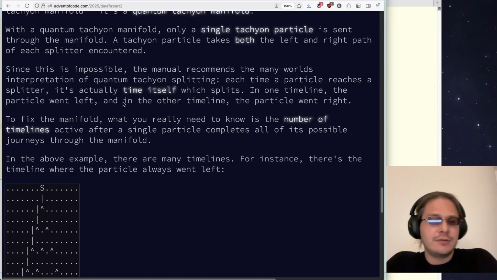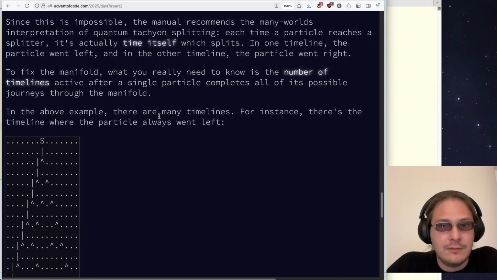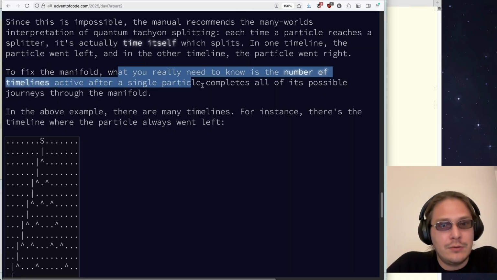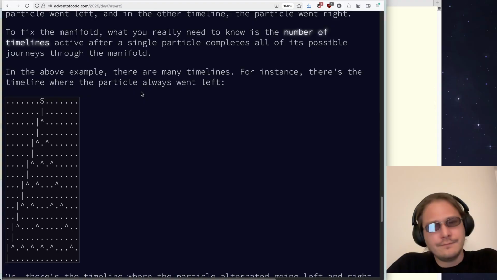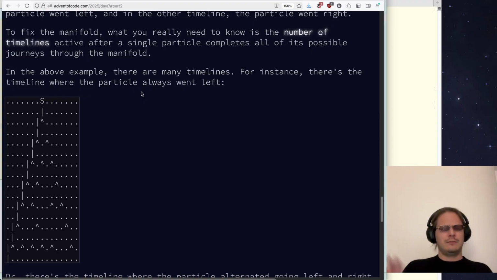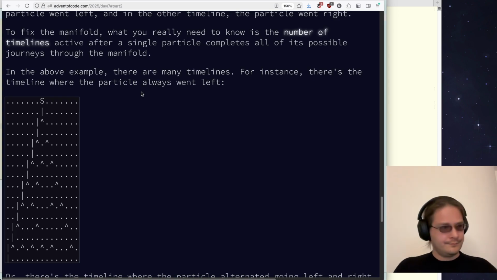Mind blown. It actually times itself, which split in one time the particle went left and the other. Truly need the number of timelines active after. Okay, my brain hurts a little bit. Let me have some tea.